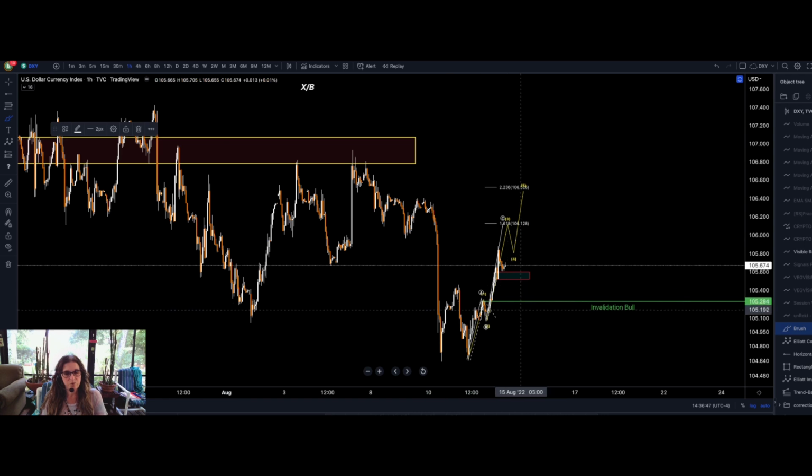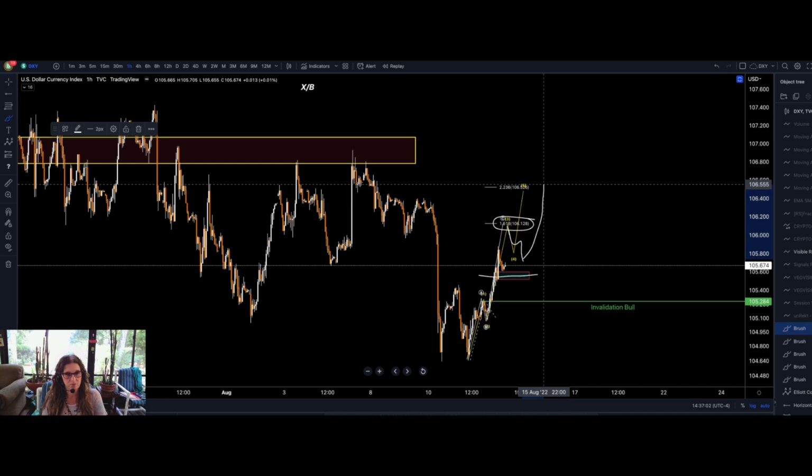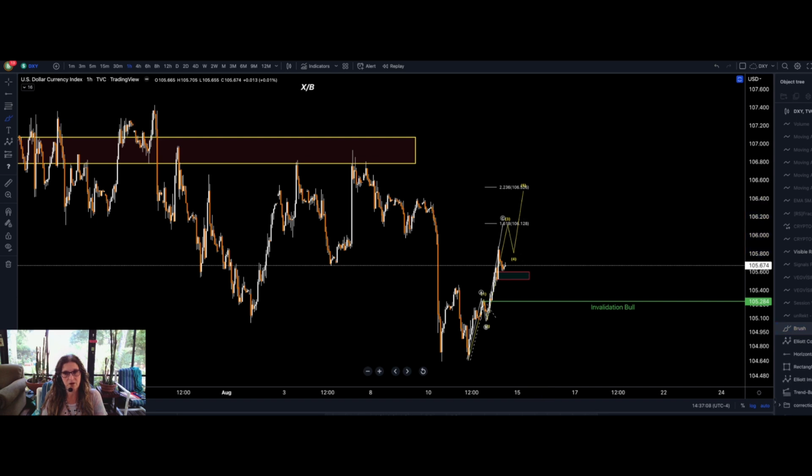Now, if this move is going to turn into an impulse wave, we still have to hold where we are, push up to the 1.618, pull back for a fourth wave that doesn't break this fourth wave, and then push up for a fifth. If the DXY does this, it's a high probability that it just made an impulse wave and it probably will continue back bullish.